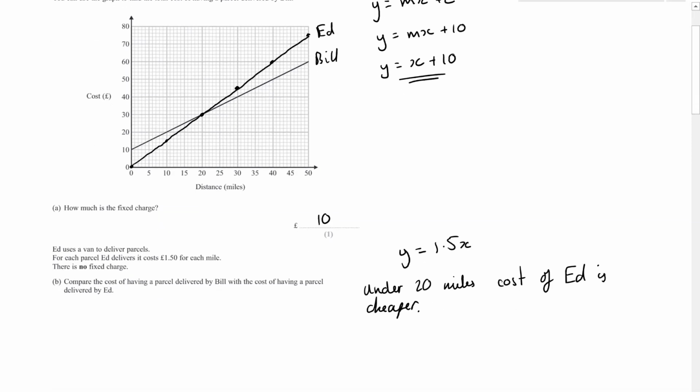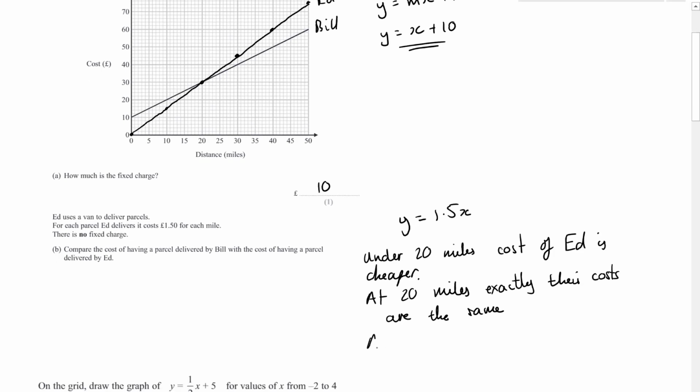Then we could say that at 20 miles exactly, their costs are the same. And then after 20 miles, Bill is cheaper. And that would be how we get to our answer.